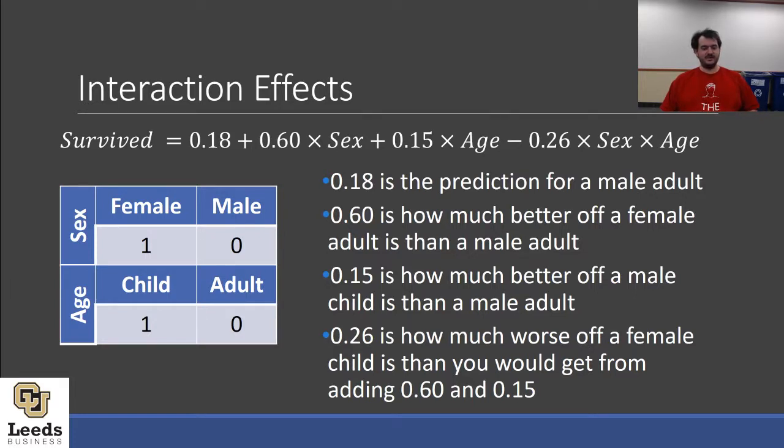So yes, being a child helps you, and yes, being a female helps you. So we're getting coefficients that are useful to us, that are what we would want them to be and what we'd expect them to be in terms of interpretation. But there is that little normalizing effect at the end, because while sex and age are both good, part of their improvement is simply because they're both predicting very similar things. Or they're predicting the same people.